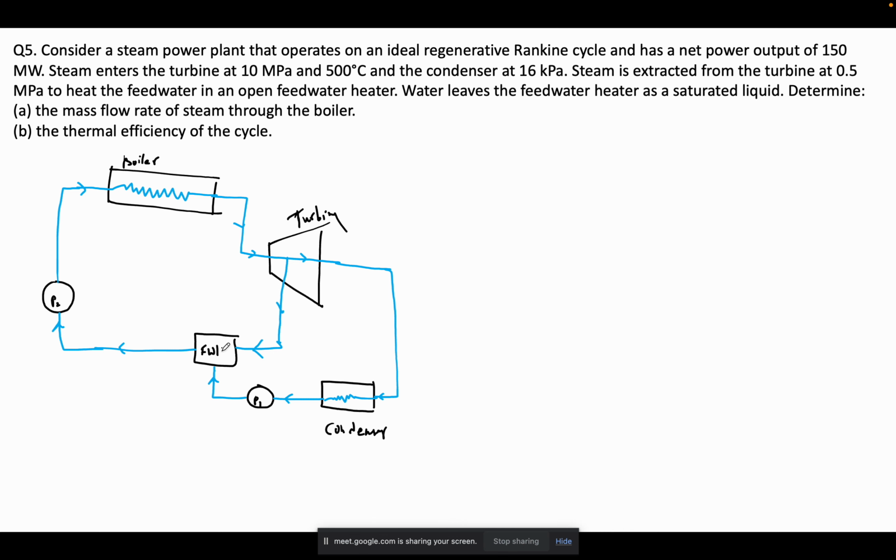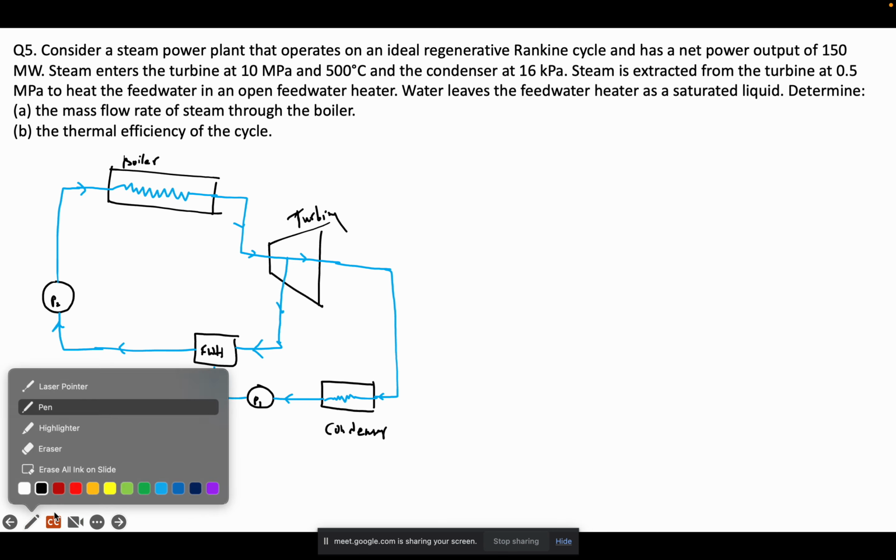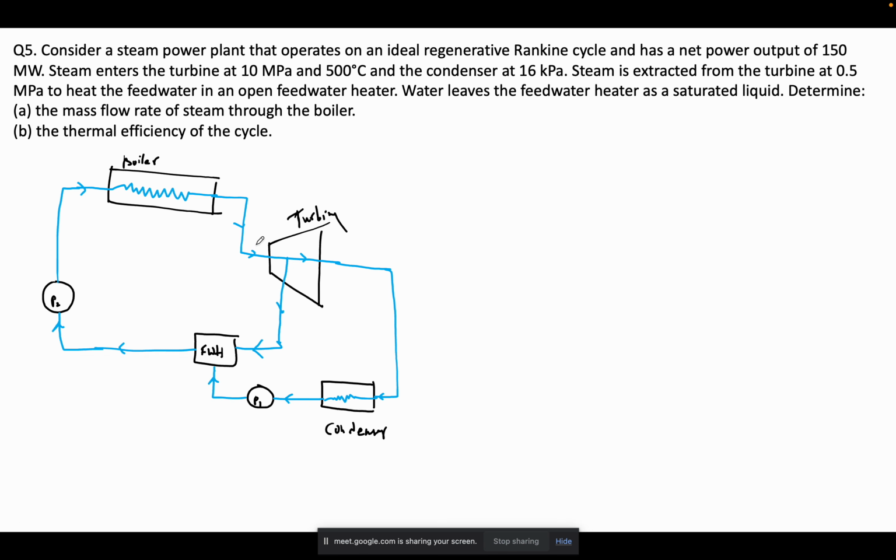Now this can be open or closed. If open, mixing is allowed, and if it is closed, mixing is not allowed. This is state 1. At state 2, the liquid gets extracted, then the coming out liquid is 3, then from 3 to 4 is the condenser process, 4 to 5 is pump 1, and then this is 6, and then it is 7.